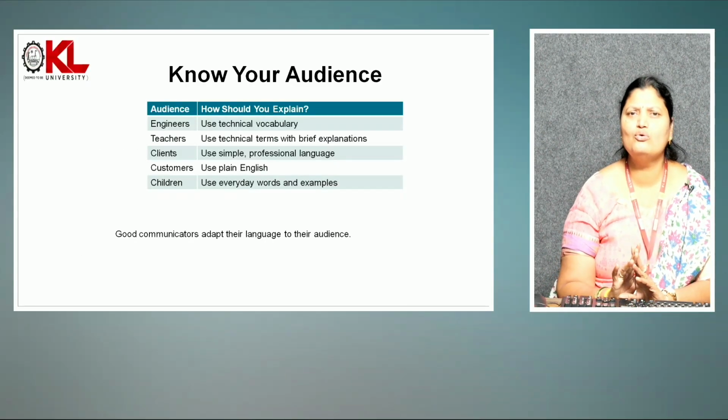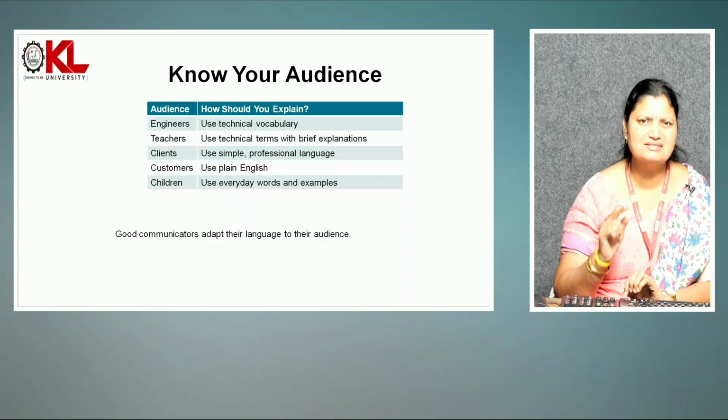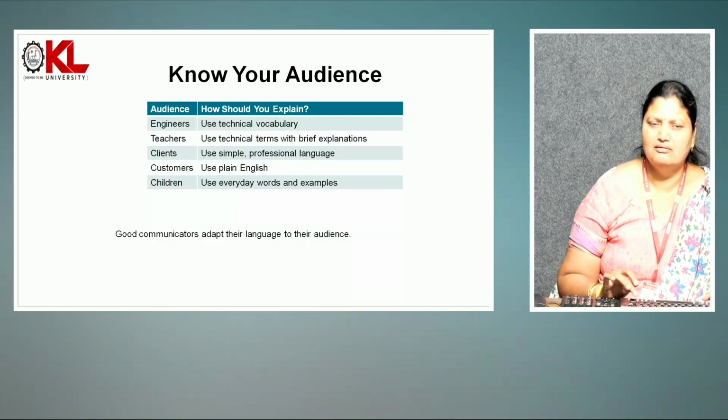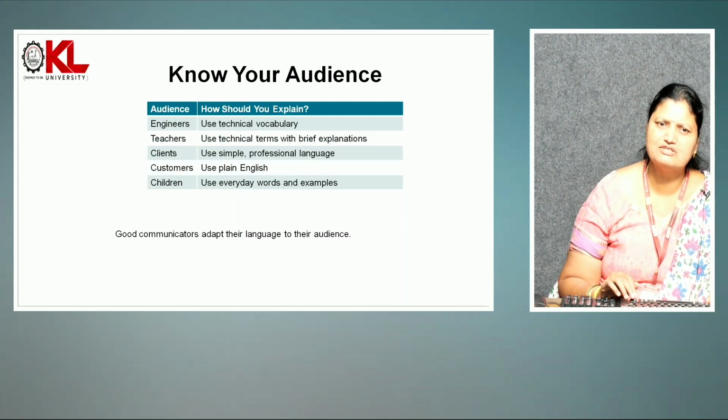Now, first of all, know your audience, because here the concept is identifying the different audience, and as per the audience you are going to make use of your vocabulary. You are going to make certain changes in your vocabulary. Now guys, you can see the audience here: one is a farmer, another one is a child, and the third one is your professor.